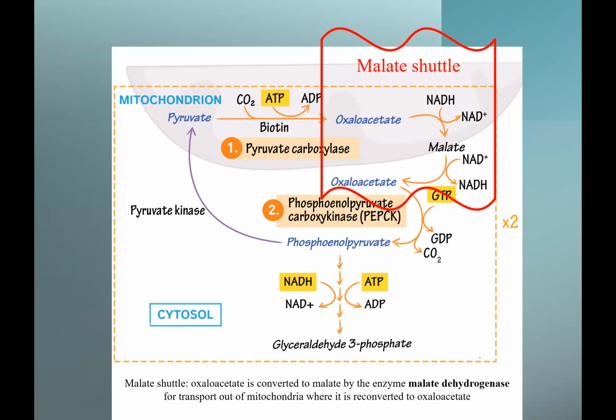Okay, so we have our pyruvate here, right? And it gets carboxylated in the first enzyme of the first bypass reaction of the gluconeogenic pathway.